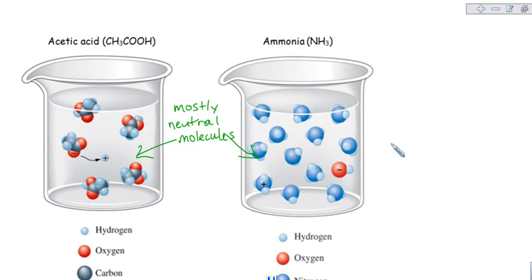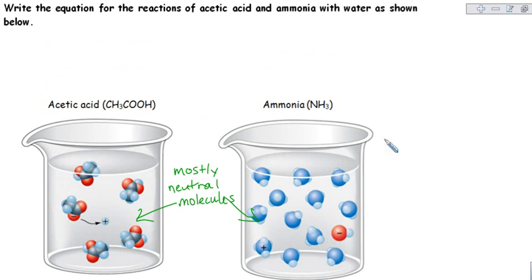Weak electrolytes. Up on top, they want me to write equations for these reactions with water. Now here's another thing that's a little bit different. When we were writing dissociation equations, we never put the water in the equation. If it was ionic, we just showed something like sodium chloride splits to form sodium ions and chloride ions.